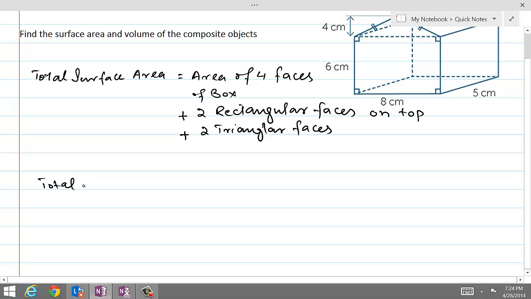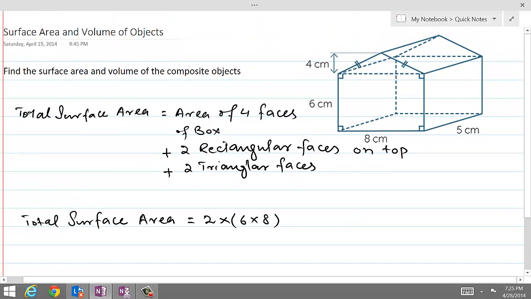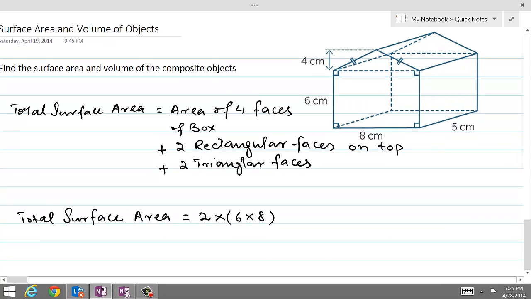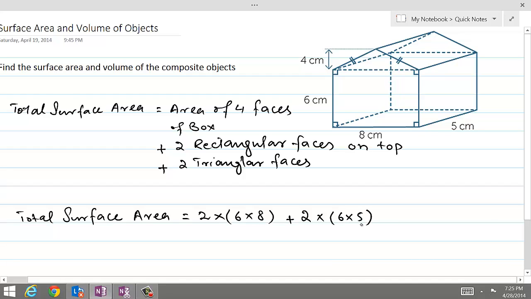The total surface area would be equal to 2 times 6 by 8, because 2 faces, the one on the front and one on the back of the box, are of dimension 6 by 8, so their total area would be 2 times area of the face on the front, plus 2 times surface area of 2 walls, one on the left and one on the right, plus 2 times 6 times 5. 6 times 5 is surface area of one wall on the right side, but there is the same wall on the other side with same dimension.